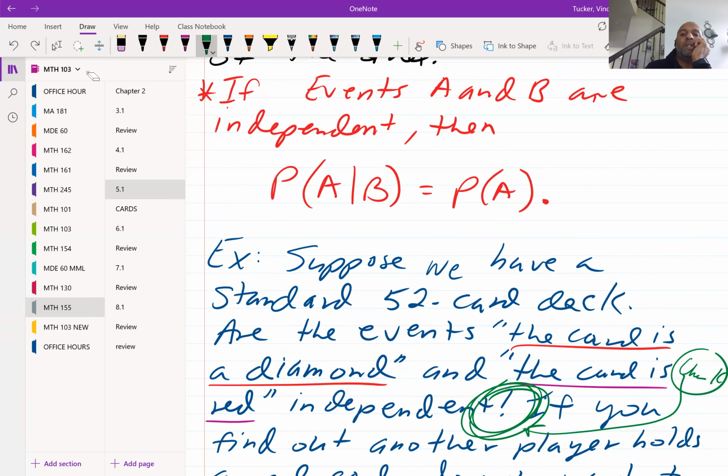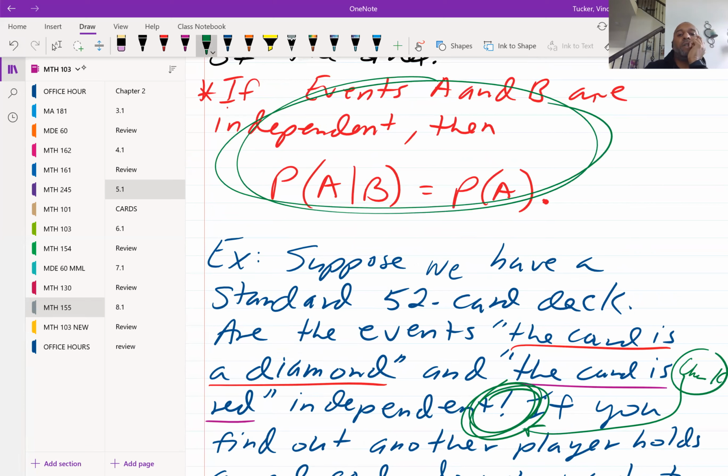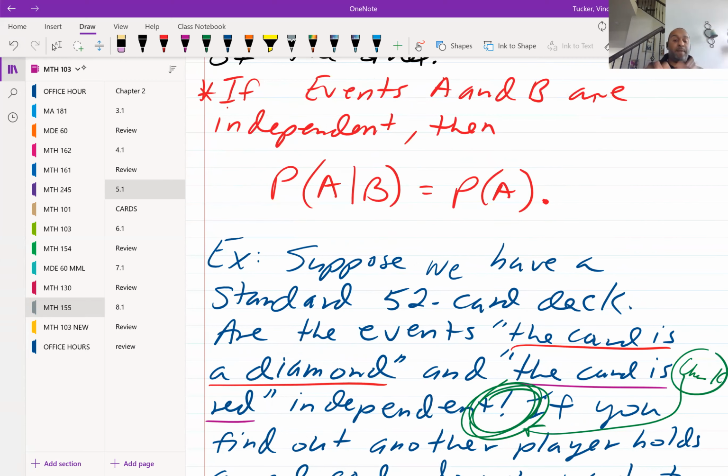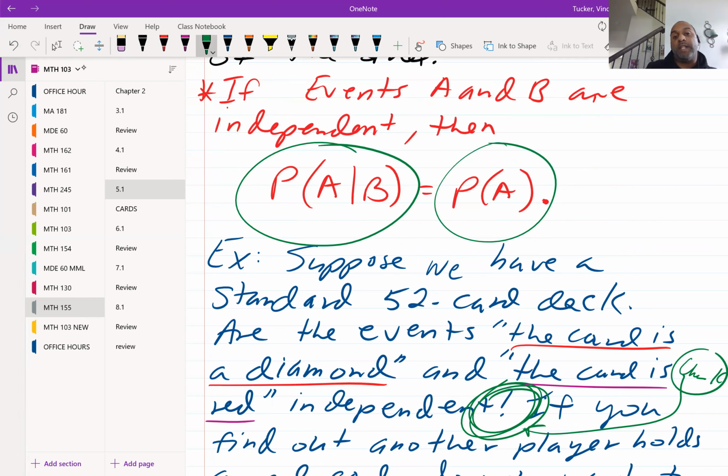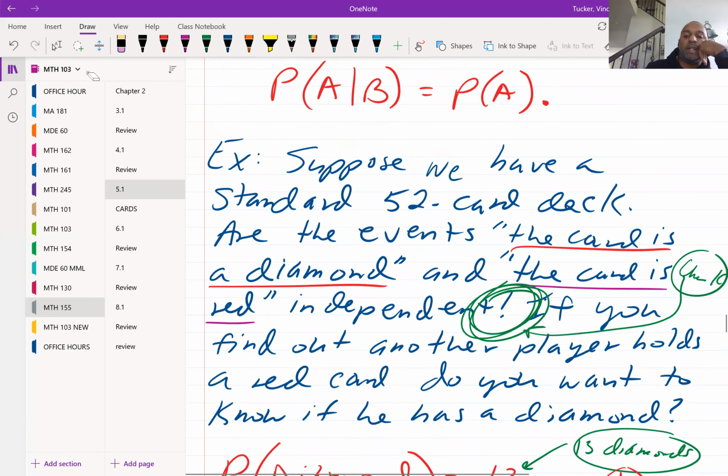So going back here, what dictates whether they're independent or not mathematically, numerically, is that when I calculate this and I calculate this, if they are the same thing, that means that the events are independent. If they give me the same probability, if they are equal, that means they are independent. So that's what we're going to find out.